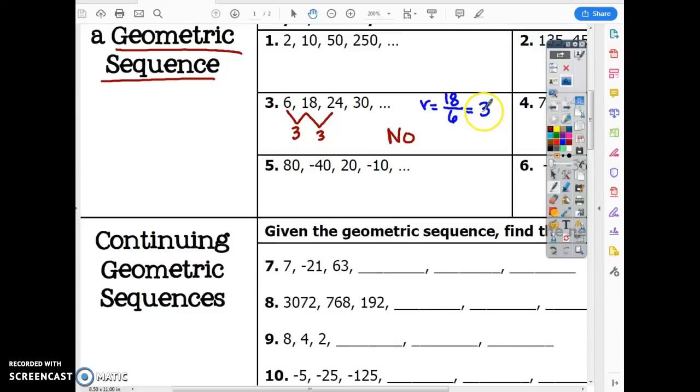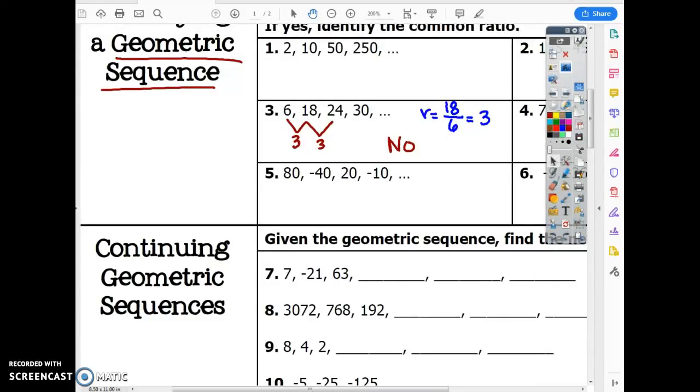But because 3 doesn't work, that's not the ratio, and we don't have to worry about the ratio when we get a no. Okay? So you guys are going to do the same thing for 1 through 6. I want you to finish those. I want you to pause the video, and then when you're done, we're going to continue with problem number 7. And if you think you can continue 7 through 10, then go ahead and do those as well.